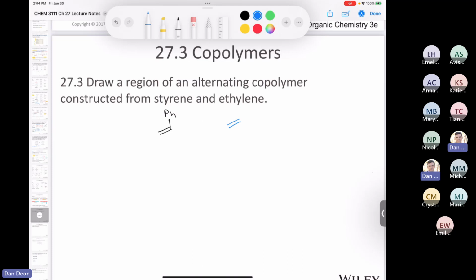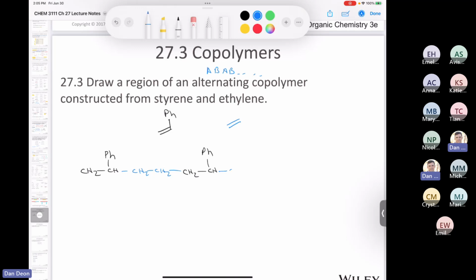So let's just draw an alternating copolymer. Remember, alternating copolymer goes like A, B, et cetera. So why don't we do it like this? We'll start with the styrene. We'll color code it here. So we've got CH2 and then a methine. And then we're going to attach that to ethylene. So CH2, CH2. Then we're going to attach that to another styrene. So CH2 methine with a phenyl.